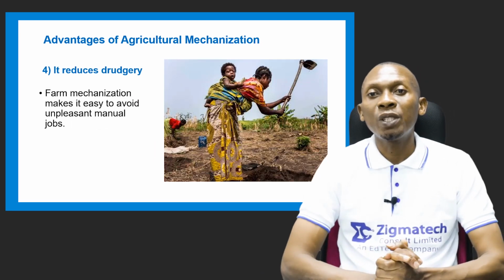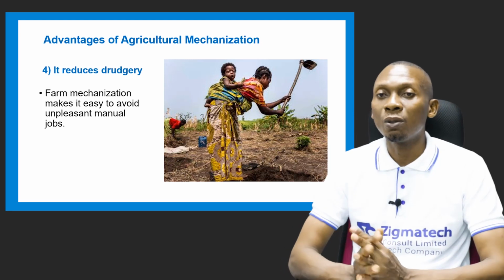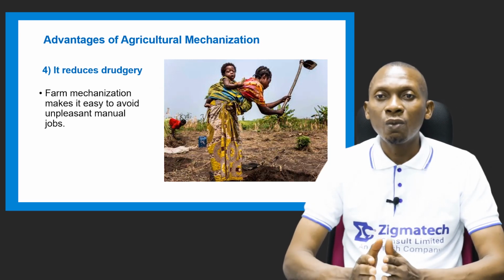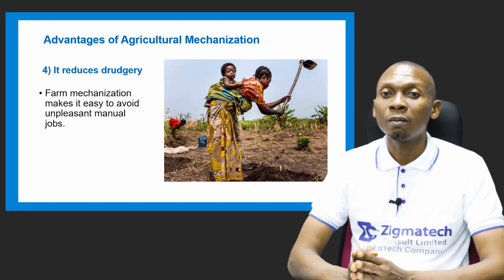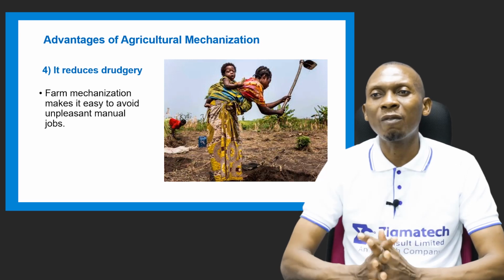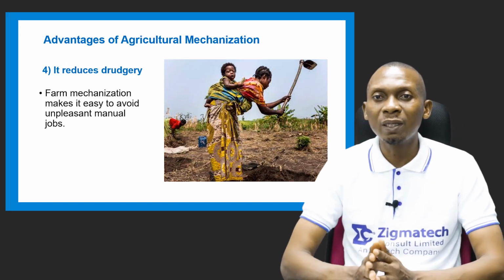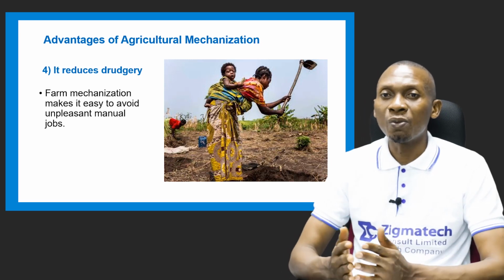Now, it helps to reduce drudgery. Now, what is drudgery? Drudgery has to do with difficulty. Doing things manually on the farm is quite difficult when you use your human effort to actually carry out some of the farming activities like tillage operations, like plowing, making mounds or ridges.